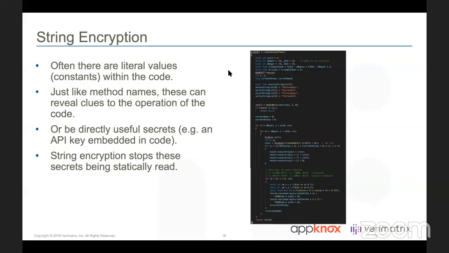For example, if you're building a login message to your server, a JSON structure, you may have tags within that structure that are username and password. Somewhere within your code, you have to define those tags. If an attacker can find that tag definition, a constant within your code that says password, suddenly we've found a bit of code that we know is operating on the user's password. It's a simple example, but a very real one that you frequently see.